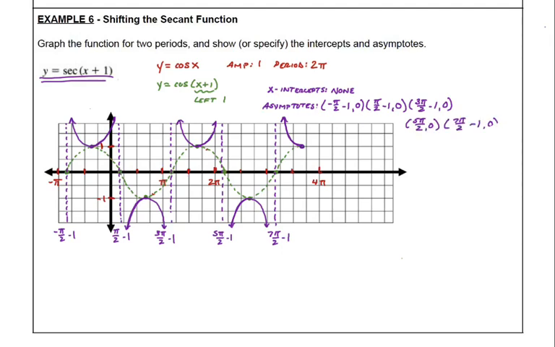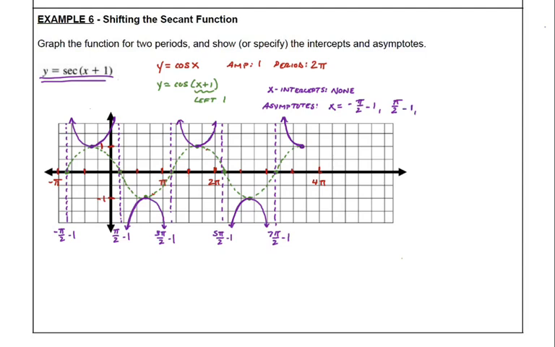Now you could see I accidentally wrote the asymptotes as coordinates, as intercepts. So actually the way they should be written is x equals negative pi over 2 minus 1. That's my first asymptote. And then my second one would be pi over 2 minus 1.